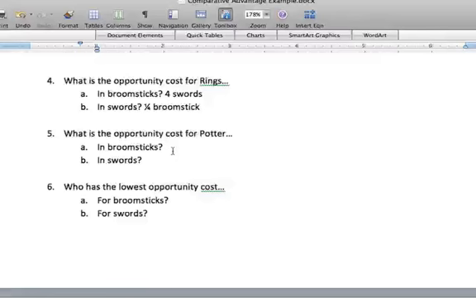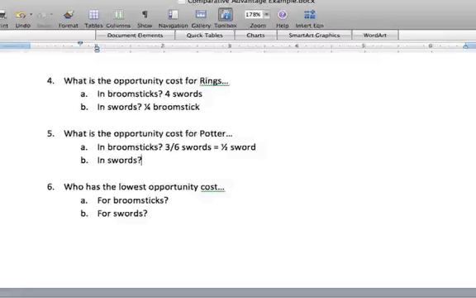The opportunity cost for Potter then will be 3/6 swords. This is equal to 1/2 of a sword. In the time it takes them to make 6 broomsticks, they can make 3 swords, or in the time it takes to make 1 broomstick, they make 1/2 of a sword.